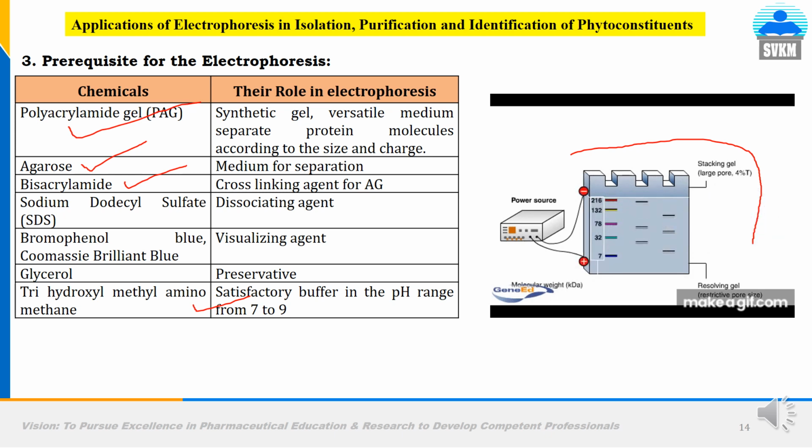They are further detected and converted into computer language, where you get peaks or bands, and the compounds can be easily compared with a standard sample and are then identified very well.